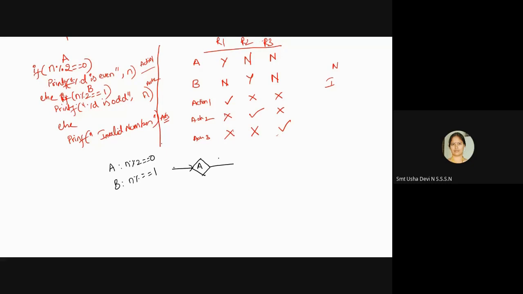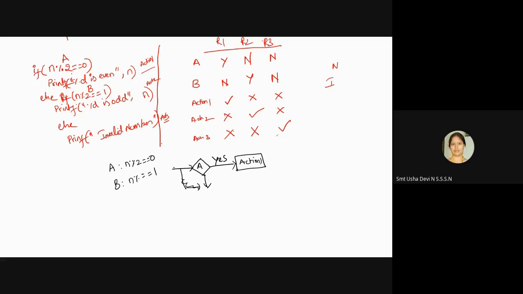If A is true, then A receives the Y path, and what I need to do is go for action 1. So if A is not true, okay, let's write, I need to draw.